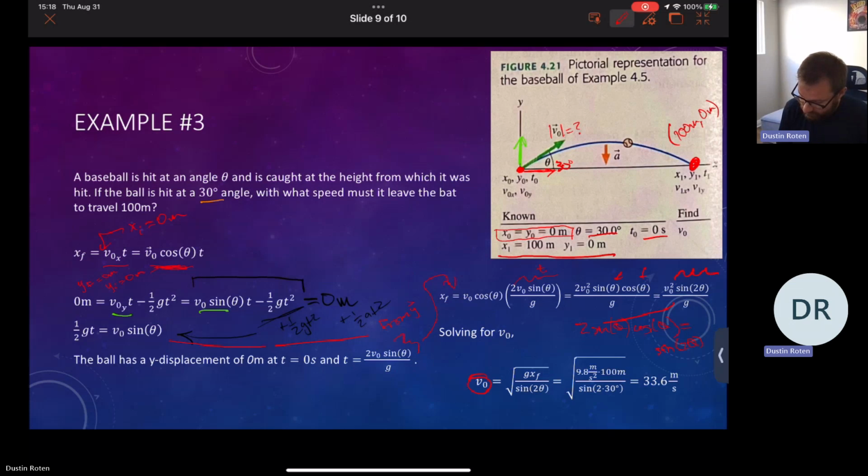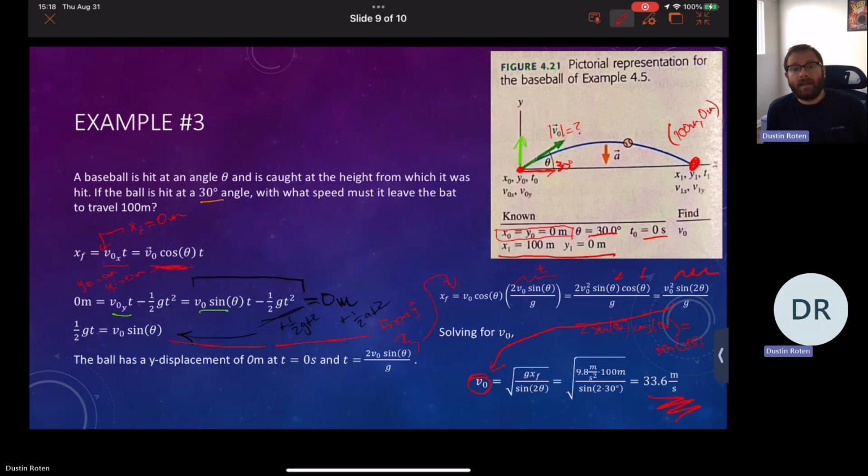So we'll take this expression and rearrange it. And if you look to the right of v naught equals, we know all this stuff. Gravity is 9.8 meters per second squared, our final distance is 100 meters, and the angle is 30 degrees. So now we just dump all the numbers in.